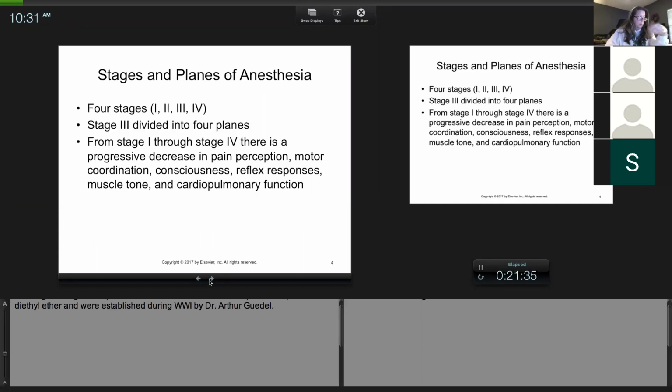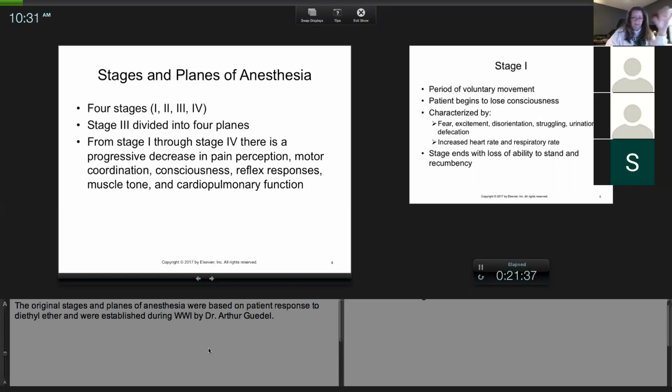You have to be comfortable with this. So what I'm really talking about is there are stages and planes to anesthesia. If you remember, and I'll have to get that picture from the last PowerPoint, there was the chart: alive, dead, sedation, hypnosis, narcosis, and then it went into the stages.